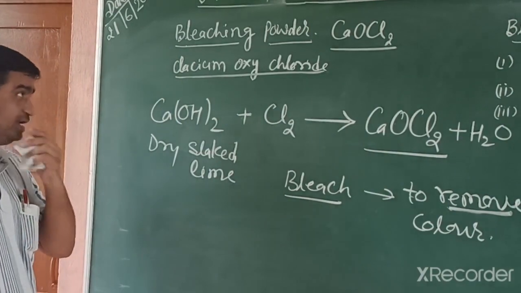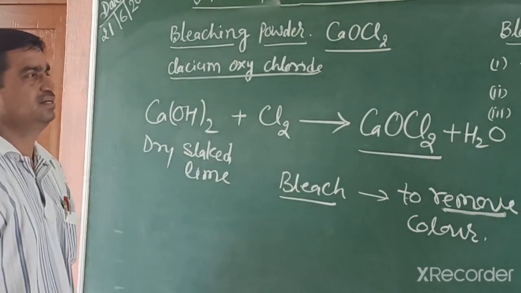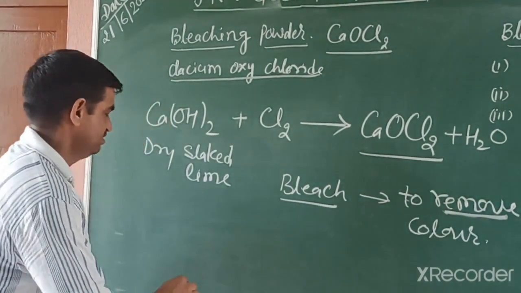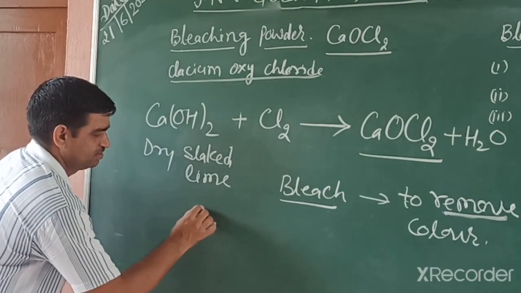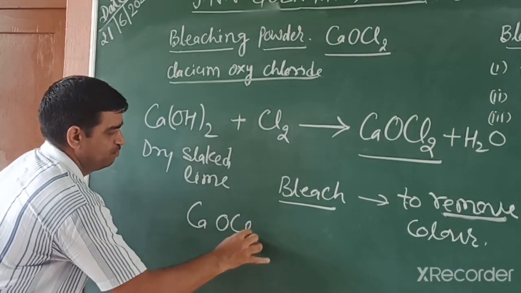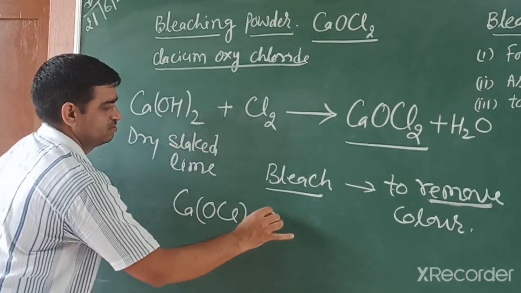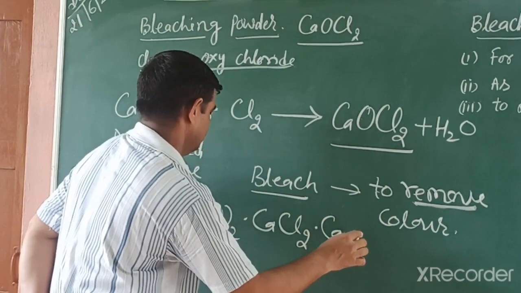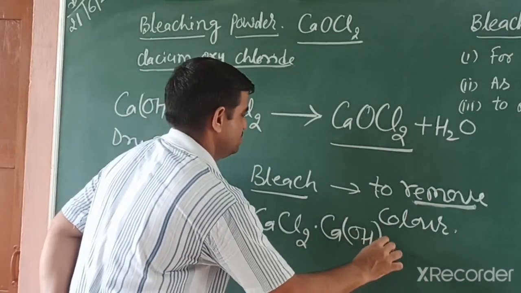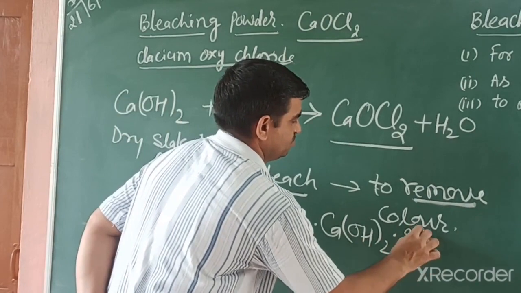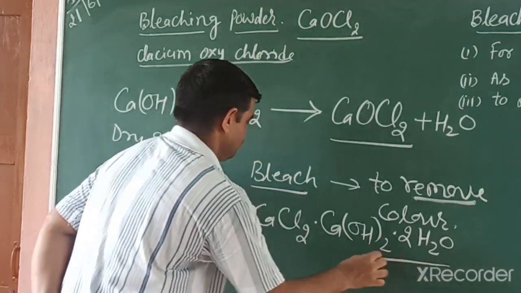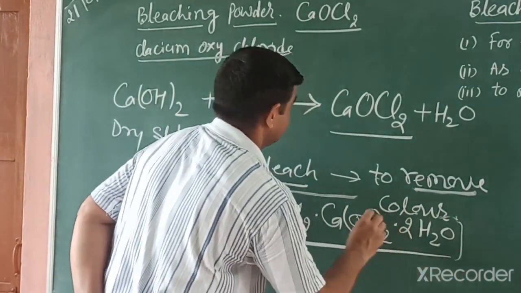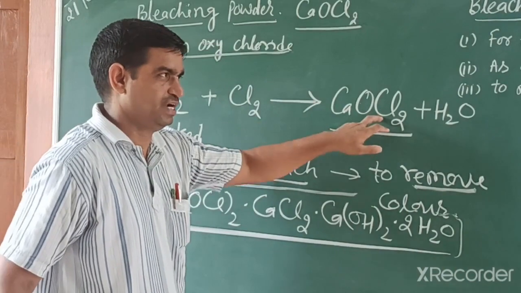But what is the actual composition? I will write the actual chemical formula also, but you will learn in 12th class that the actual composition is calcium hypochlorite, calcium chloride, calcium hydroxide, and water of hydration. This is the actual composition, but in 10th class we write only calcium oxychloride.